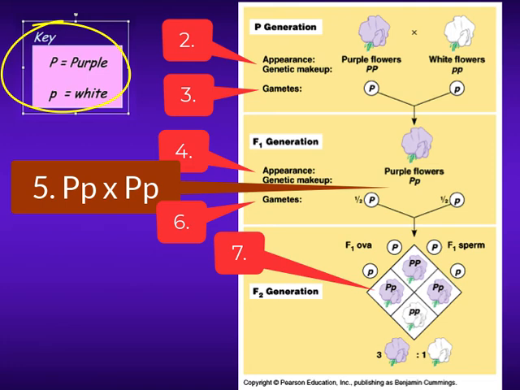So you combine the gametes in the 4 different squares in the Punnett square and identify the genotypes in the squares and the phenotypes that the genotypes will produce by referring back to the key. The 8th step is ratios. So we do ratios of phenotypes and or genotypes depending on what the question is asking you for.